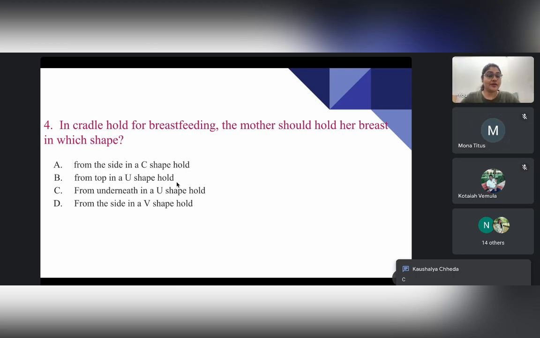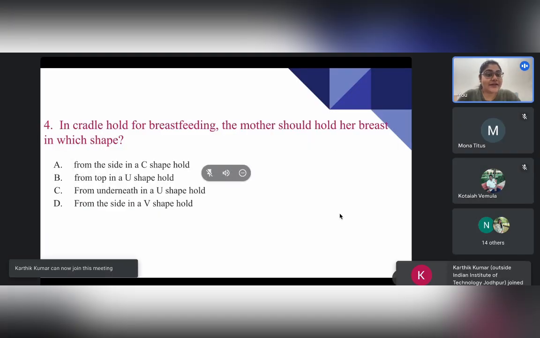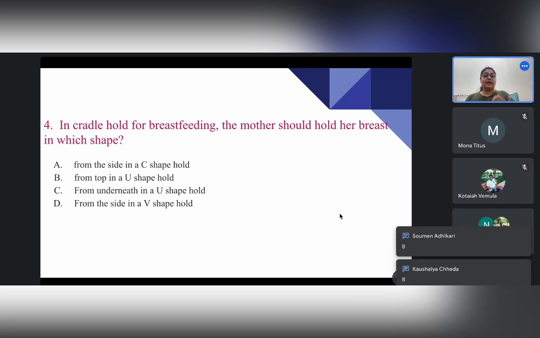Yes. So whenever we are talking about cradle hold, this involves the same side hand and the same side breast. The baby is made to feed from the same side breast, and the support is also being given from the same side, right? Now, if we visualize this, how should be the position of the hand?